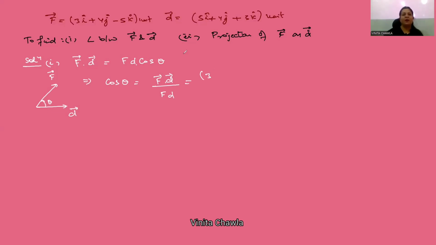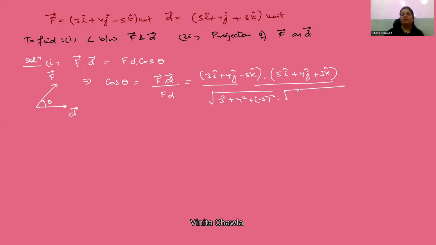Let's write the first vector first. Vector f is 3i cap plus 4j cap minus 5k cap, and the second vector is 5i cap plus 4j cap plus 3k cap, and in the denominator first we will write the magnitude of vector f. How do we take the magnitude? We take the squares of the coefficients and add them under the square root: 3 square plus 4 square plus minus 5 square, and similarly for vector d, 5 square plus 4 square plus 3 square.